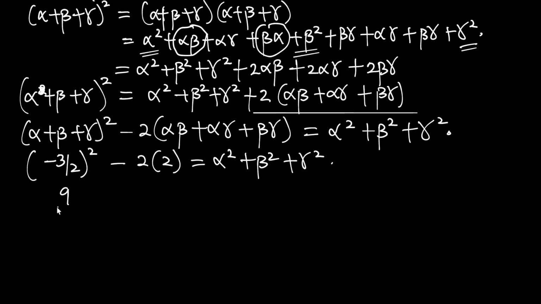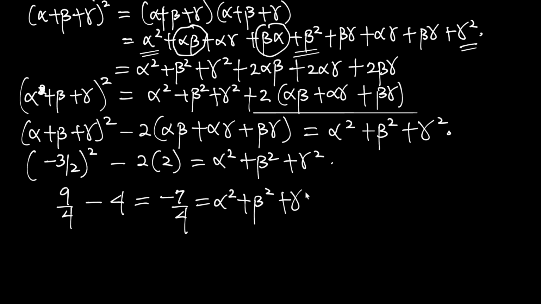So this is 9 over 4 minus 4, and that equals minus 7 over 4. That is alpha squared plus beta squared plus gamma squared.